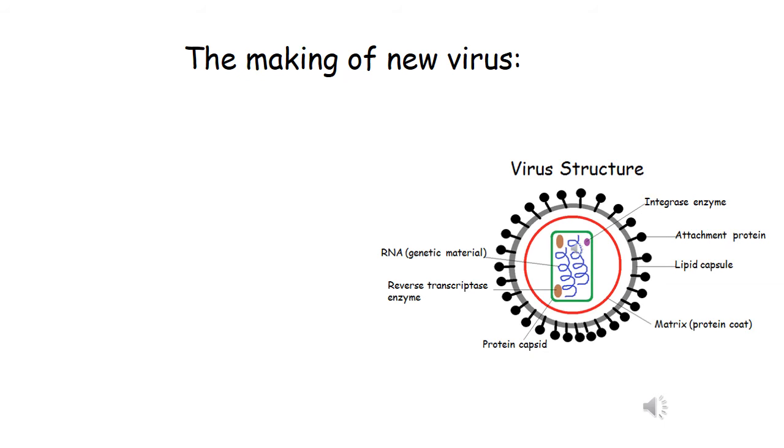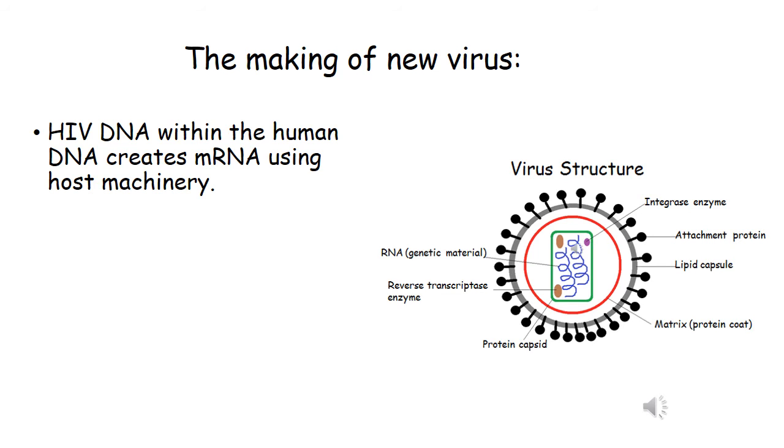So, having inserted its DNA into the host cell's DNA, we're now going to talk about how this allows the HIV virus to create new copies of itself within the host cell. The first thing that happens is the DNA of the virus that's lying within the host cell's DNA is transcribed into messenger RNA, or RNA that then becomes the virus's genetic material.